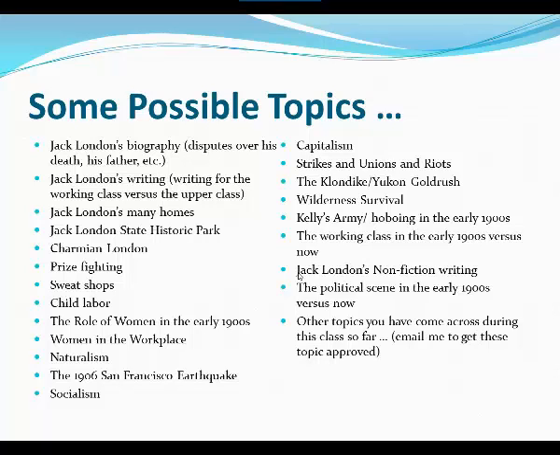Jack London's Many Homes, Jack London State Historic Park in Glen Ellen, Charmian London, Prize Fighting, Sweatshops, Child Labor, the Role of Women in the Early 1900s, Women in the Workplace in the Early 1900s, Naturalism, the 1906 San Francisco Earthquake, Socialism, Capitalism, Strikes and Unions and Riots, the Klondike Yukon Gold Rush, Wilderness Survival, Kelly's Army, hoboing in the early 1900s, the working class in the early 1900s versus now, Jack London's nonfiction writing, the political scene in the early 1900s versus now, other topics you've come across during this class so far. Please email me to get your topics approved.